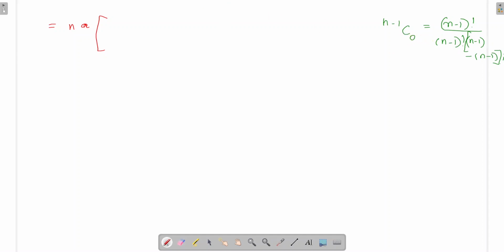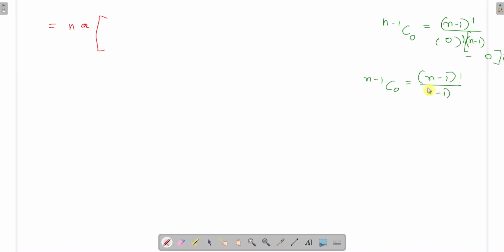So we will get n minus 1 factorial divided by 0 factorial, then multiplied by n minus 1 minus 0 factorial. Okay, so we will get n minus 1 c0 equal to n minus 1 factorial divided by 0 factorial, which is 1, and multiplied by n minus 1 minus 0, which will be n minus 1 factorial.